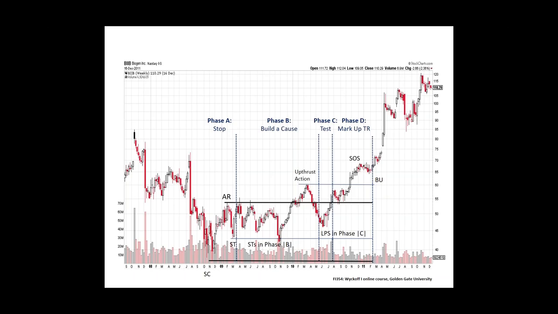Phases are context. So when something happens in phase A or phase B or phase D or phase E, it has a different result. Unless you understand where you are in accumulation or distribution, or where you are in the uptrend, it's very difficult to create a consistency in some kind of a signaling system that would give you consistent results.